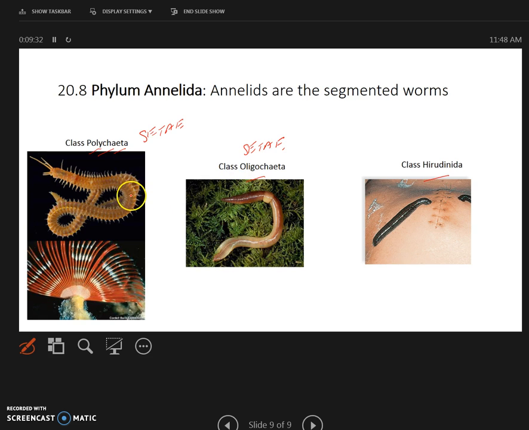The polychaetes live in marine environments, and of course the last are the leeches or the Hirudinida. These lack setae, so they do not have setae, but they have the same body plan. As you can see, they have suckers. I'm sure you know about leeches, and these suckers help them suck the blood from their prey.